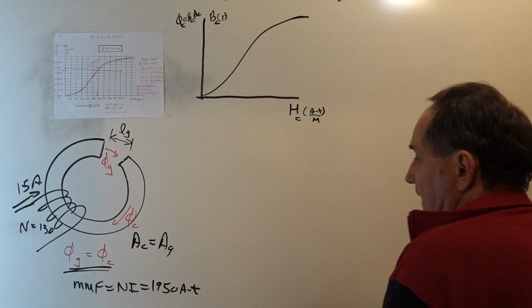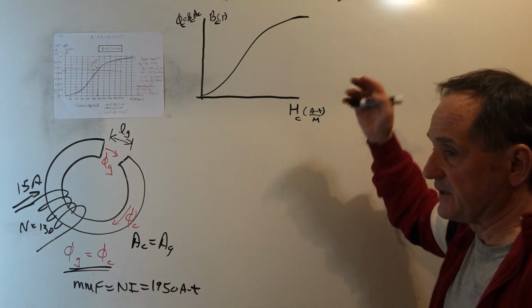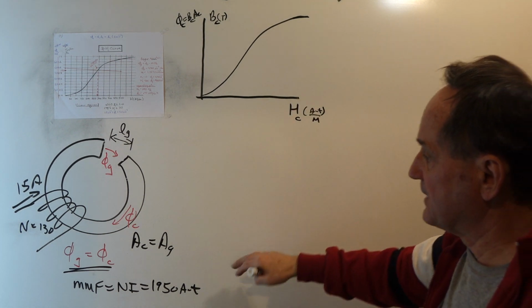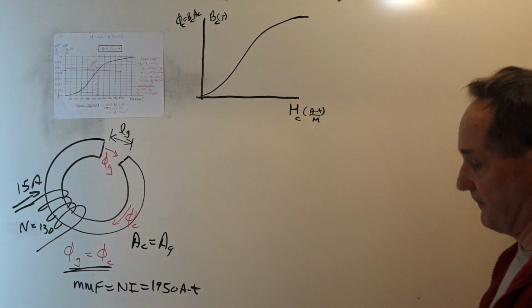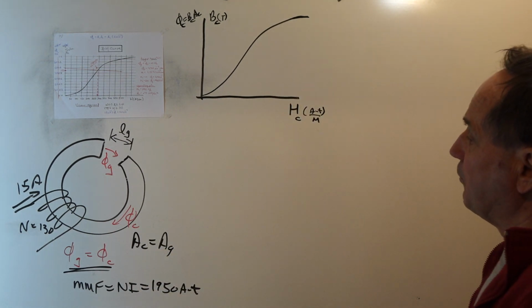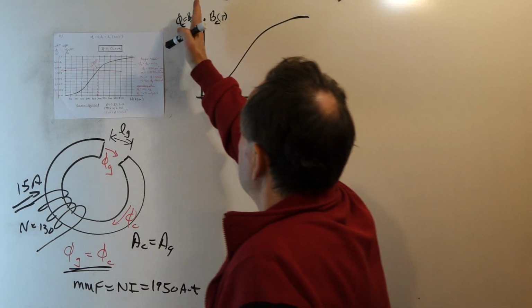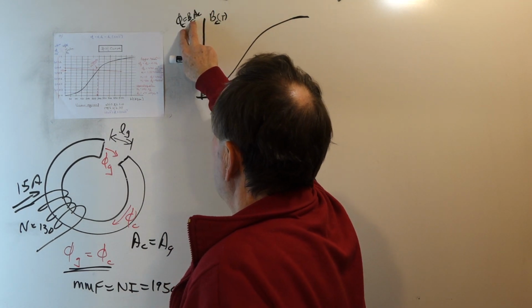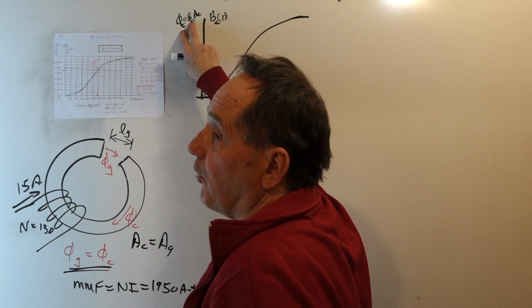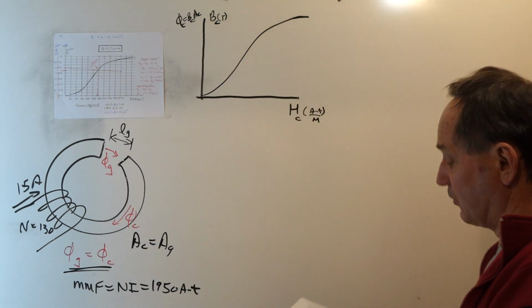In general, that's not going to be true. So I'm going to solve this the way you would if the areas in the gap and the core were not the same. So we need to equate the fluxes. So we need to change the vertical scale to represent Webers, or the flux in the core, rather than the B field in the core.